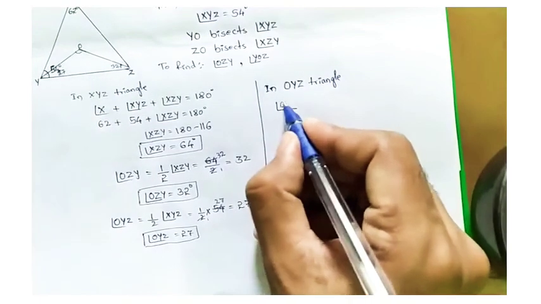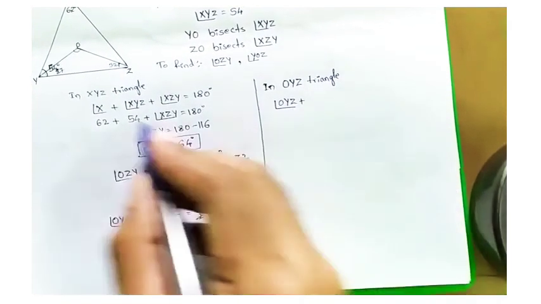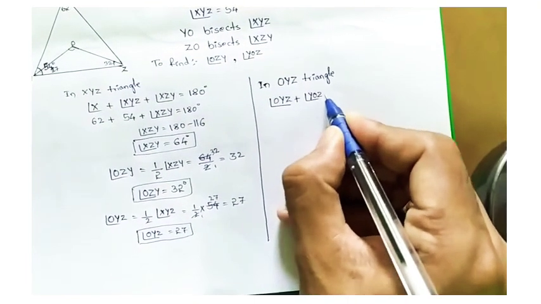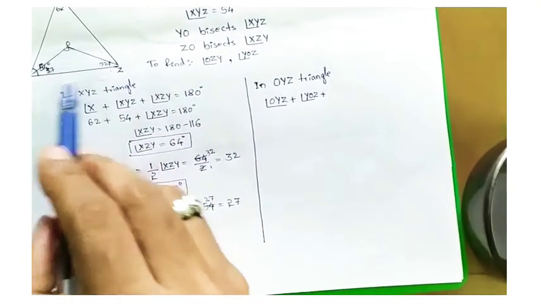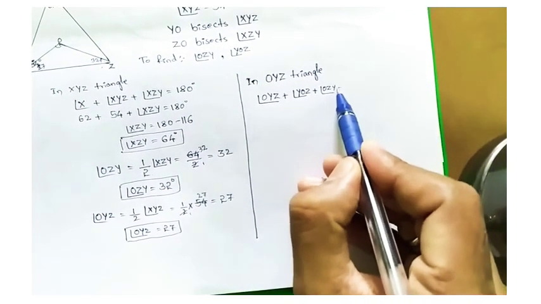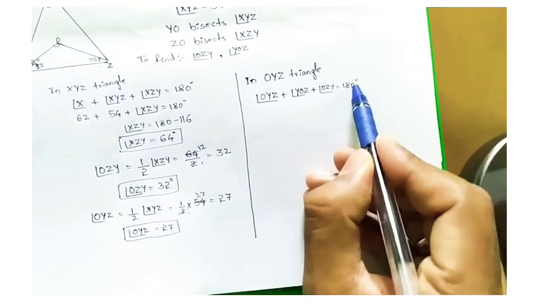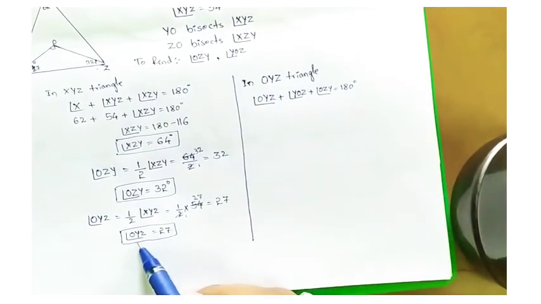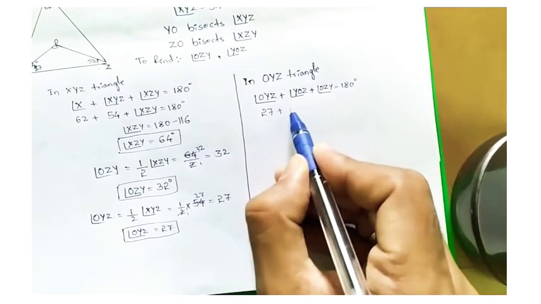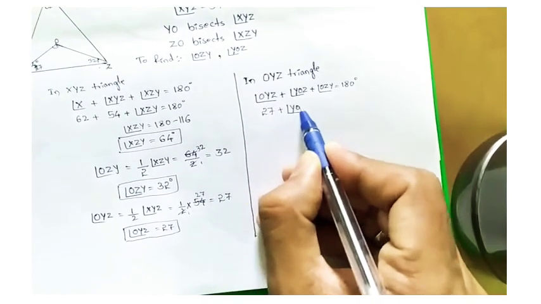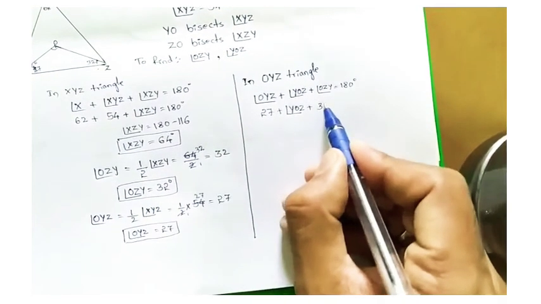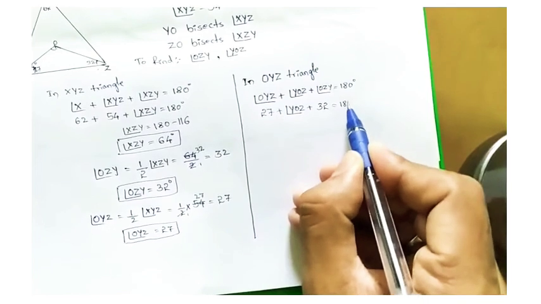OYZ plus YOZ plus OZY. How much will you get? 180 degrees. So substitute the values. OYZ how much? 27. YOZ we don't know, keep it like that. YOZ plus OZY how much? 32 degrees, equal to 180.